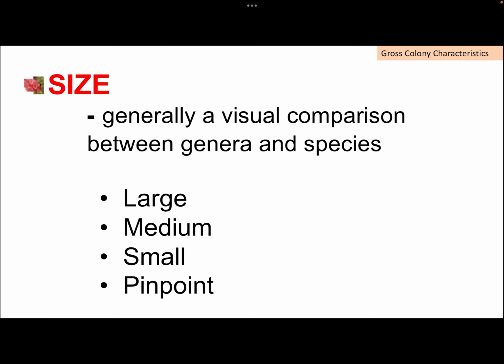That's why in the initial sample problem, I mentioned that when you see large gray and mucoid colonies, that is an indication of the growth of gram-negative microorganisms. So size varies between species and genus of the microorganism.